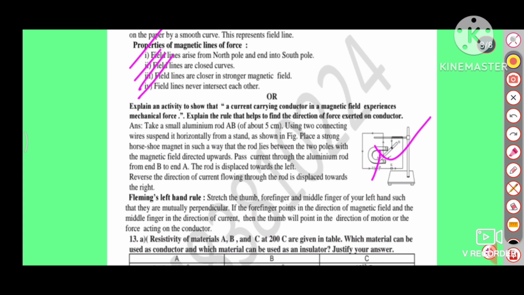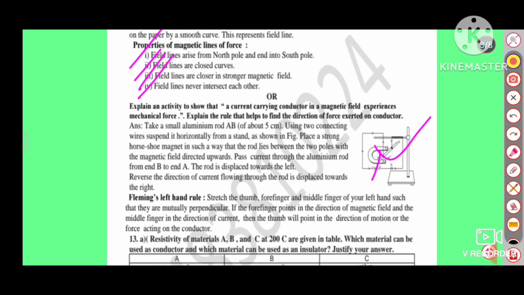Pass current through the aluminum rod from end B to end A. The rod is displaced towards the left. Reverse the direction of current flowing through the rod and it is displaced towards the right.